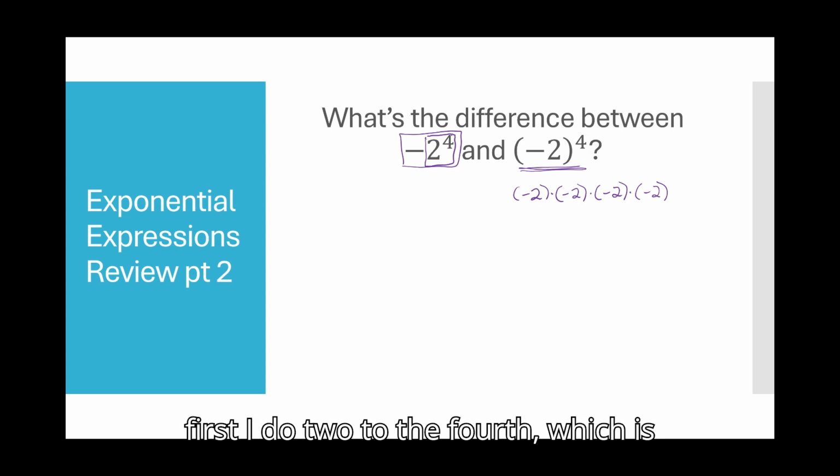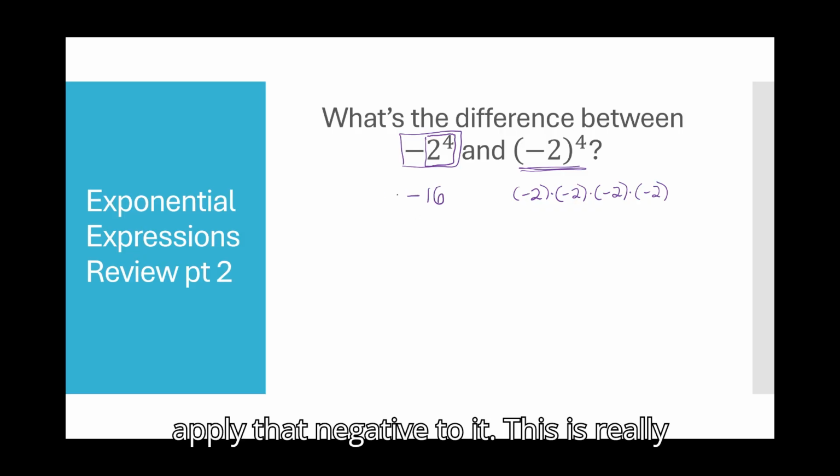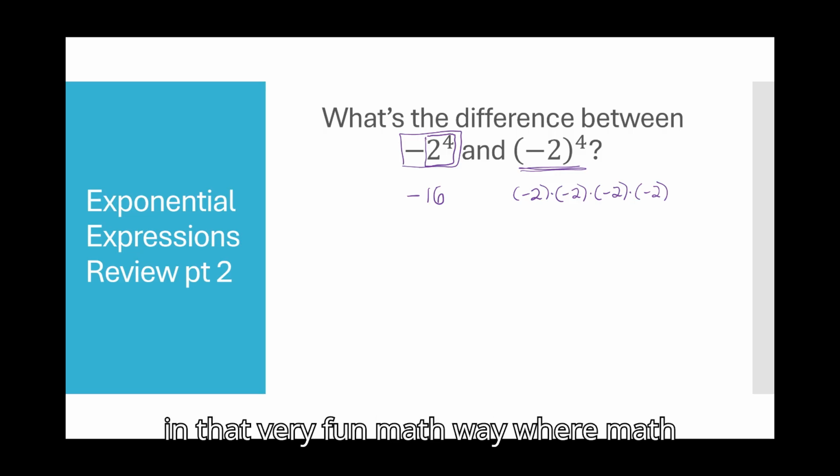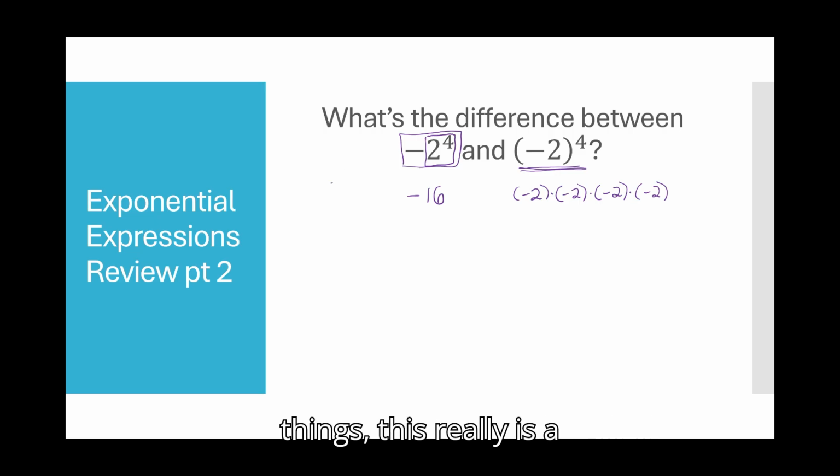So first I do 2 to the fourth, which is 16, and then I apply that negative to it. This is really just times -1, but in that very fun math way where math teachers just don't write a bunch of things. This really is a -1 times 2 to the fourth. Over here, this -2 times -2 becomes +4.